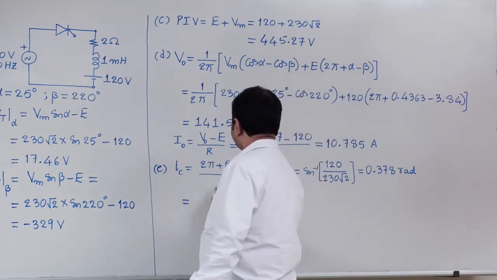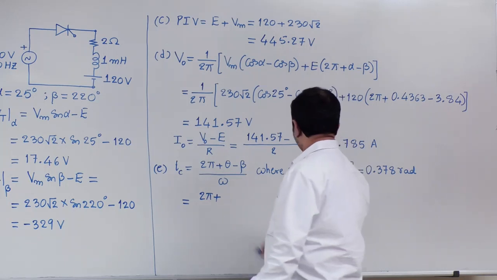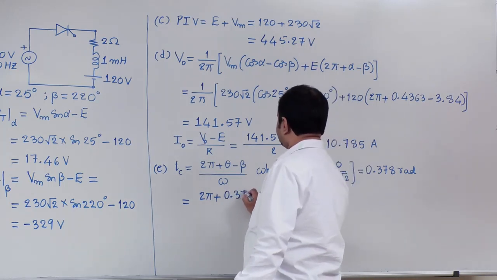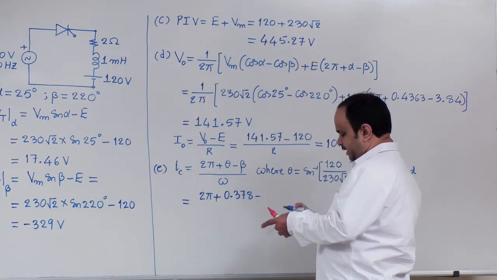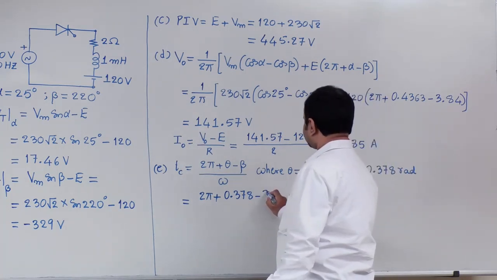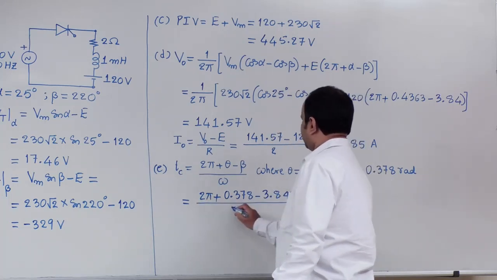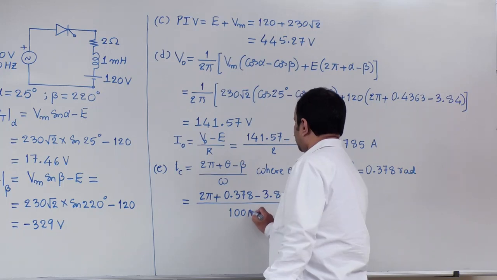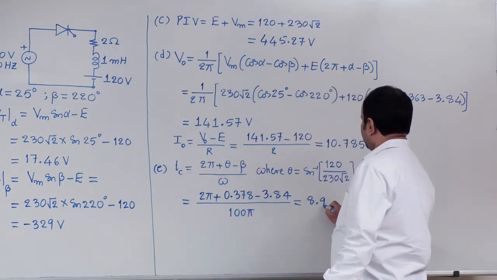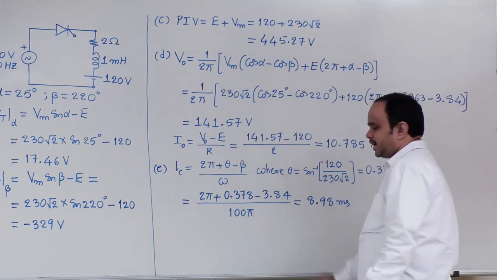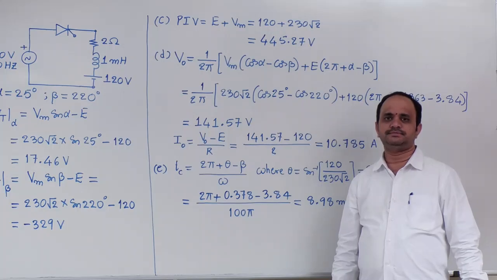Therefore, if you substitute those values, 2 pi plus theta, which we got as 0.378, minus beta value in radian, 3.84, divided by omega, which is 100 pi. This value is equal to 8.98 millisecond. So these are all the various answers.